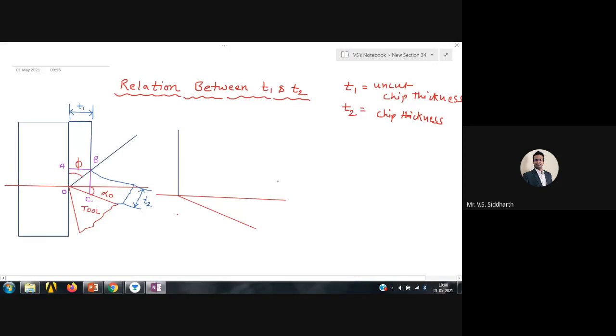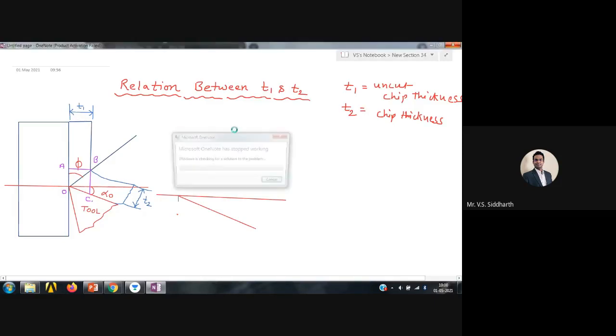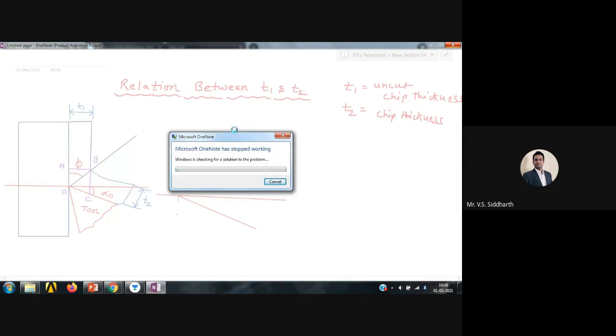This is the OA line, and this is the AB line. Just a minute, it got hanged.